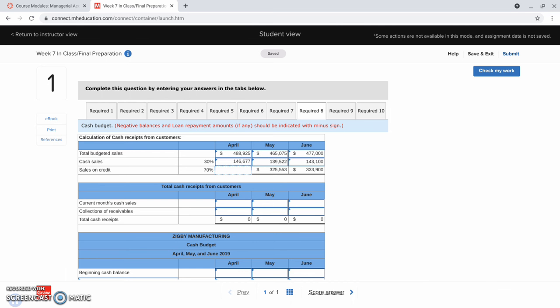Sales on credit, 70% is going to be 342,248, and it's calculated the other ones for us.